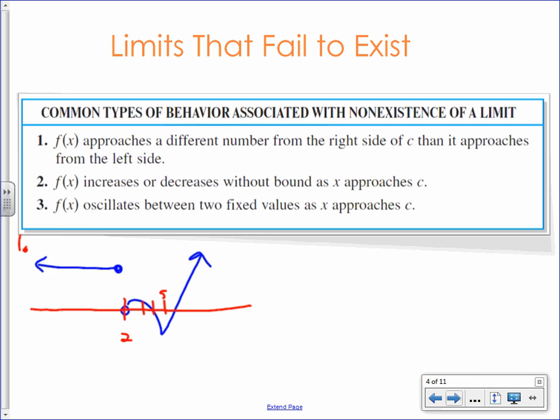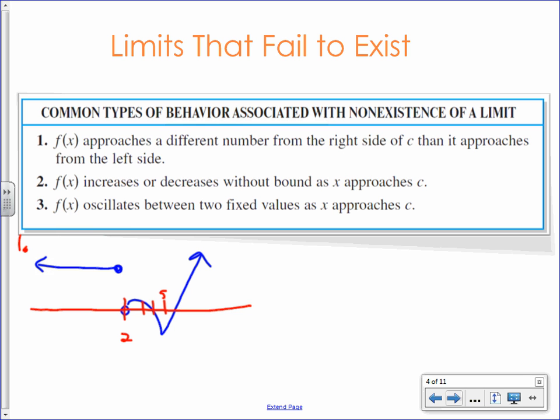Number 2, the function increases or decreases without bound as we get close to c. What would that look like? Think of inverse functions. What do we have in those kinds of functions? We have asymptotes. What happens at those vertical asymptotes?